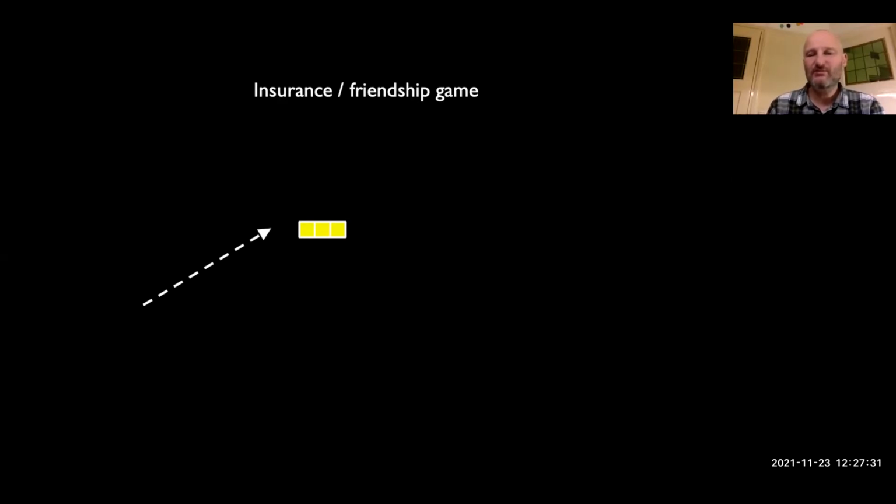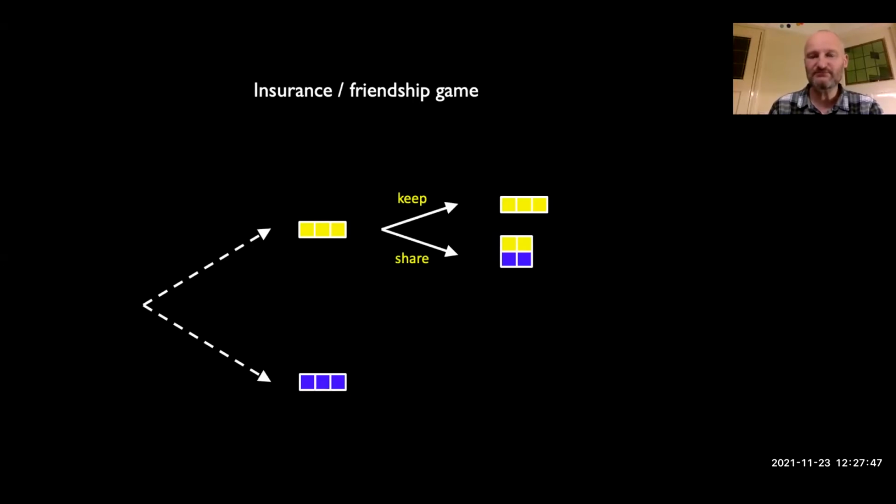So in one scenario, the yellow player is lucky and gets €3, and the other player gets nothing. In the other scenario, the blue player is lucky, gets €3, and the yellow player gets nothing. Now the lucky player gets to choose whether to keep everything or to share.